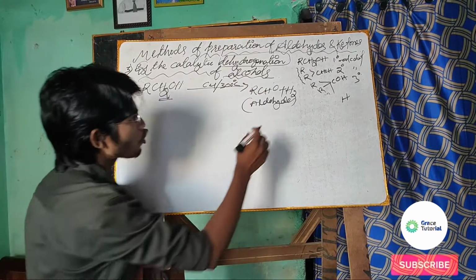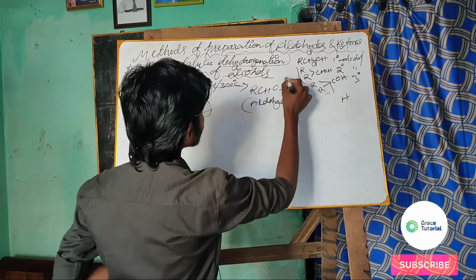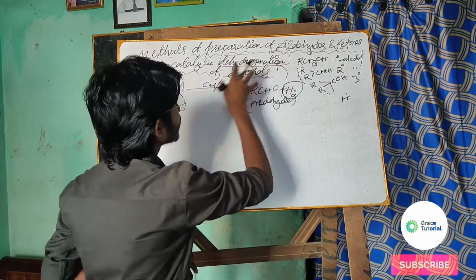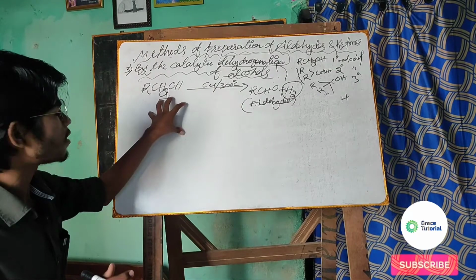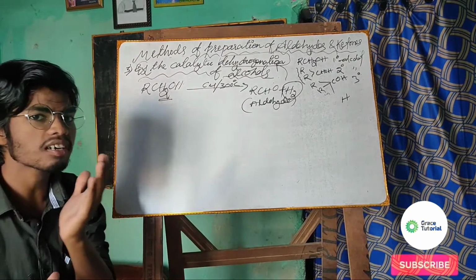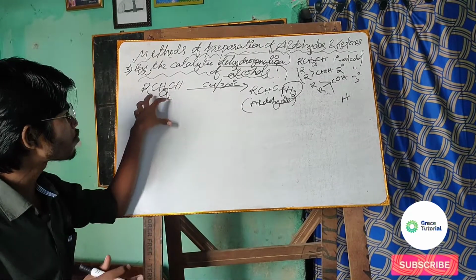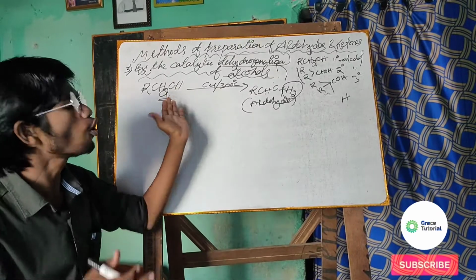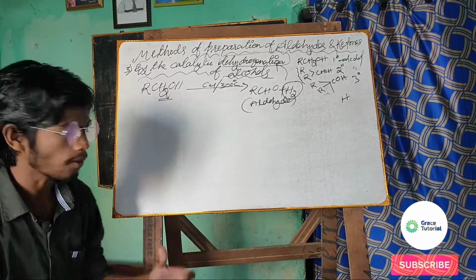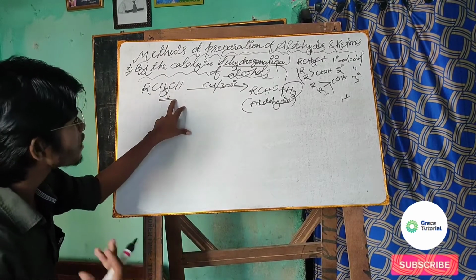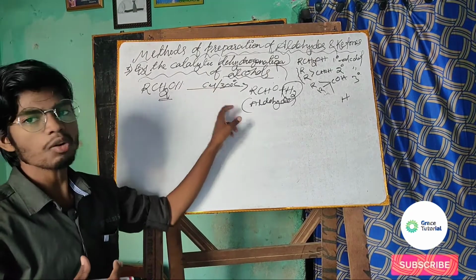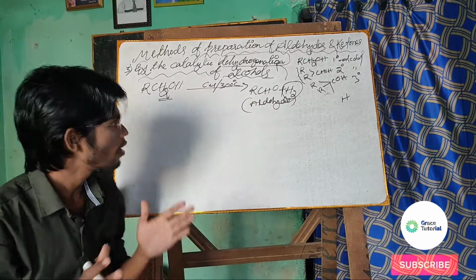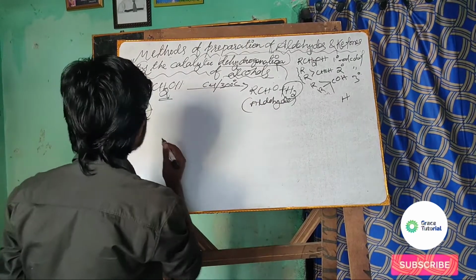Since the hydrogen is removed from the alcohol, the process is called dehydrogenation of alcohol. So if the primary alcohol gets dehydrogenated with copper at 300 degrees centigrade, aldehyde results. Let me give you the specific example.